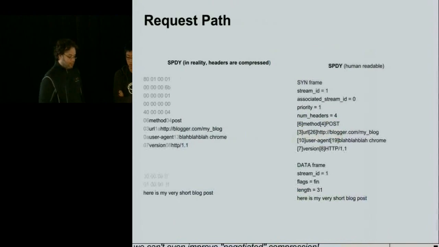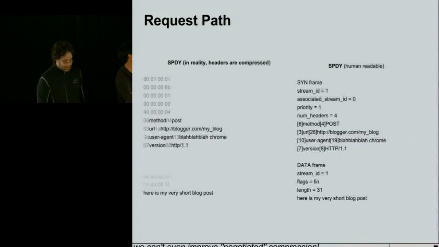So what is SPDY? Here's what it looks like basically on the wire. Note that in reality these headers are compressed, as we've said multiple times. But basically if it was uncompressed, this is what it would look like. So this is a SYN frame. Its stream ID is 1. It doesn't have any associated stream, so it's not a reply to anything. The priority is 1, which is a relatively high priority, although not the highest.